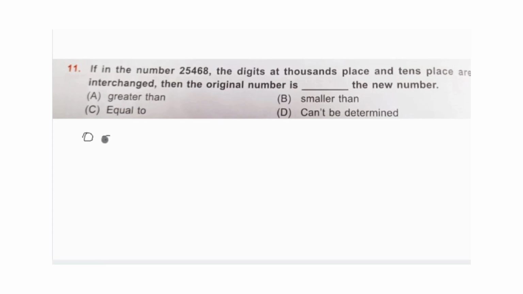Let's represent it with O: 2, 5, 4, 6 and 8. And let's write down the place values of each of these digits. So here 8 is at the units place or ones place, 6 is at the tens place, 4 is at the hundreds place, 5 is at the thousands place, and 2 is at the 10,000s place.